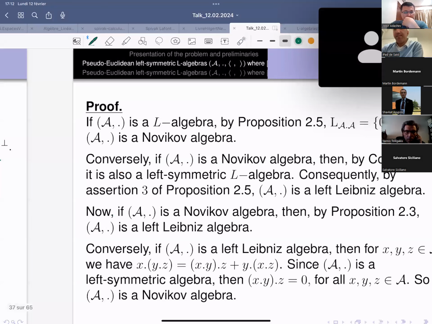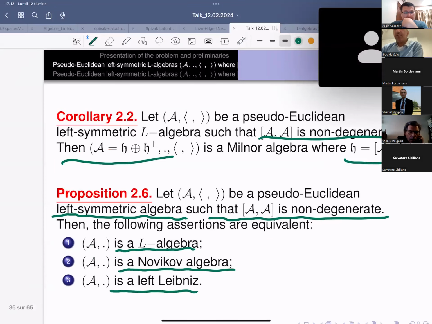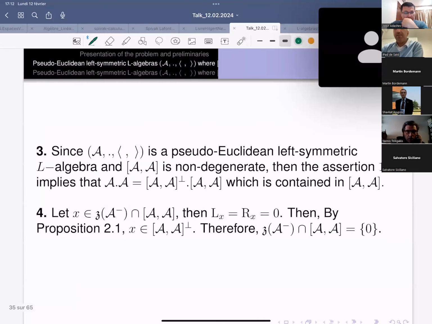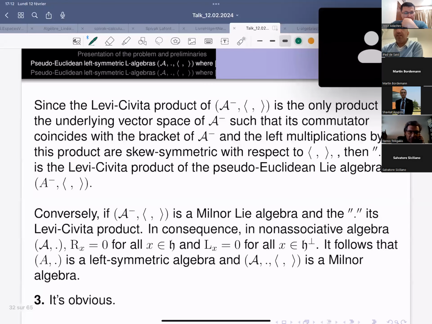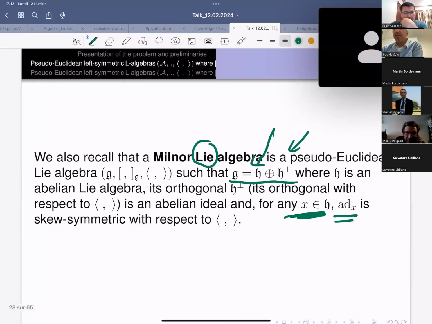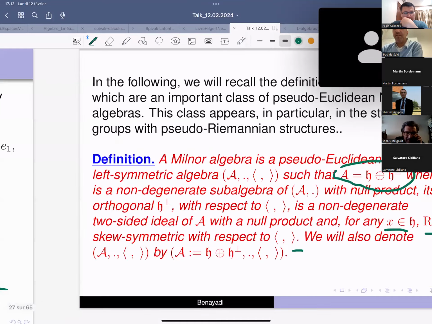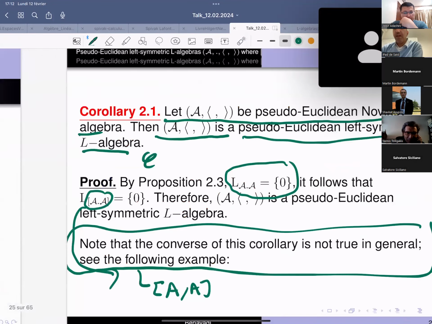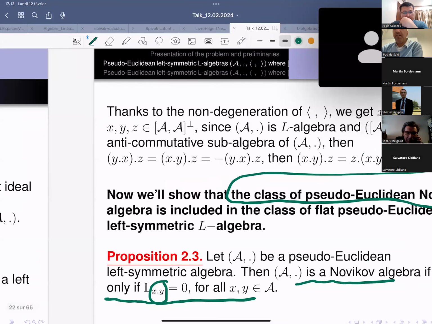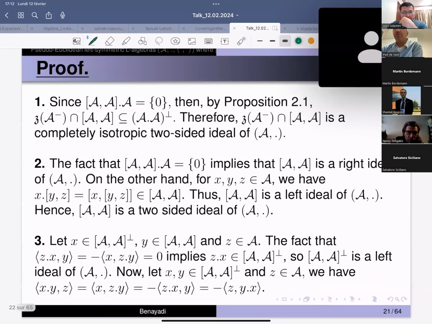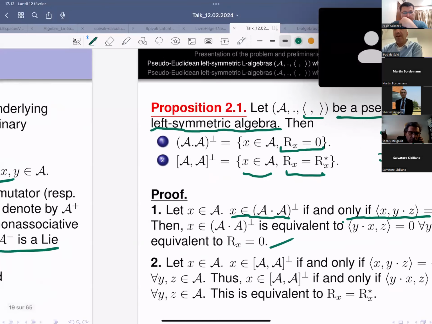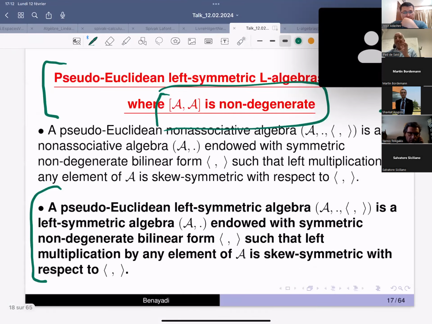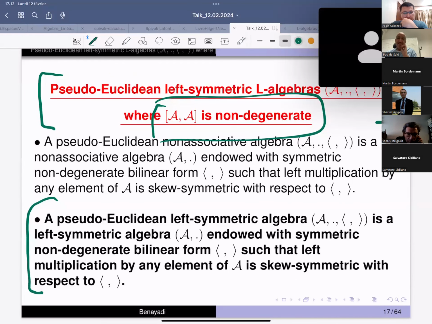I consider this case because in the paper of Hisham Beziri, in the Journal of Algebra, he didn't remark this equivalence.